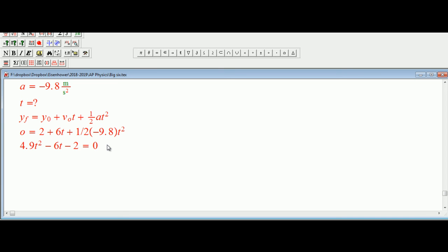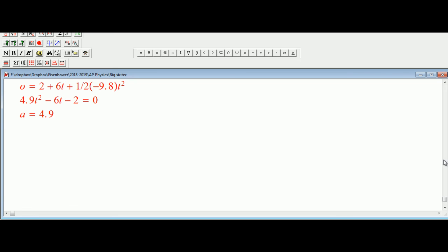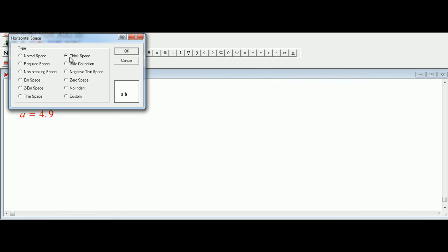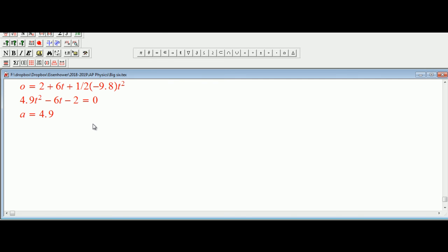Now, if you remember from the quadratic, my a equals 4.9.